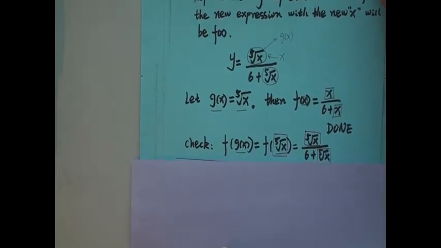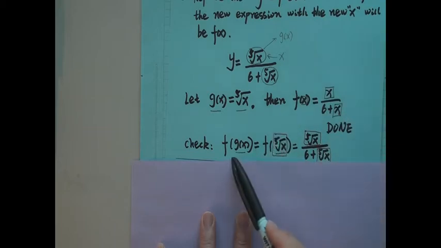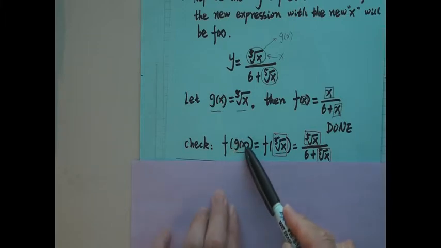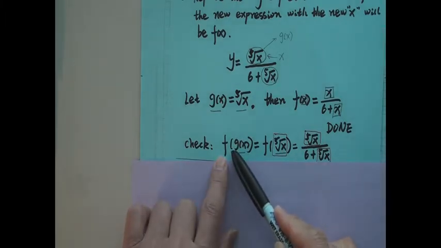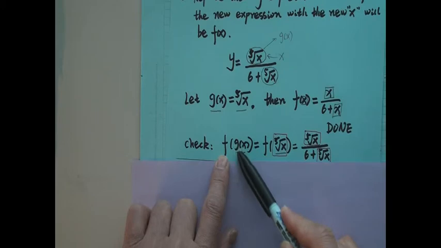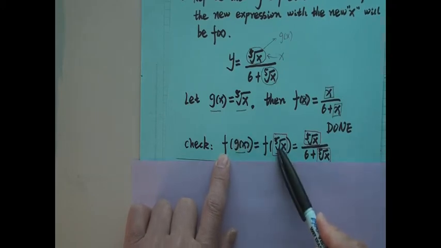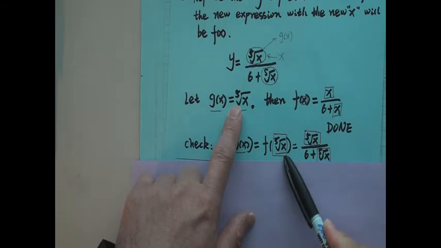Now check. When you do the composition of f with g, that's f of g of x. F of g of x is fifth root of x.